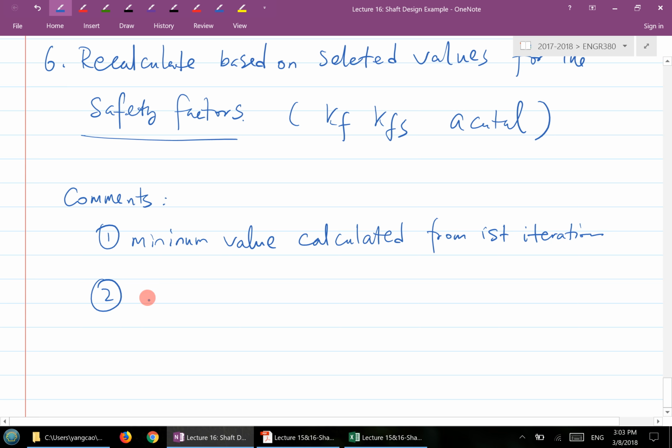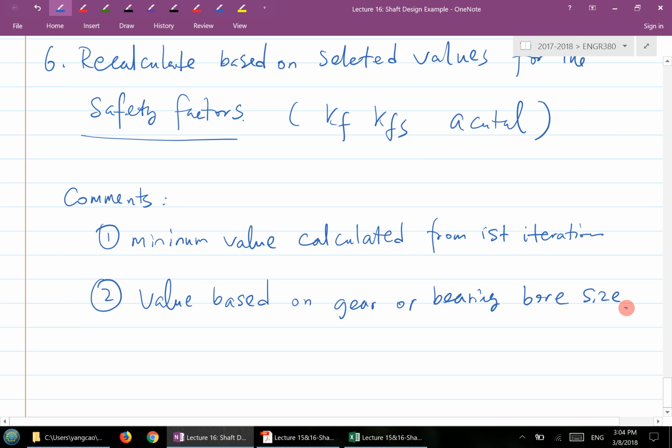And the shaft size is not just based on the theoretical minimum value. It should also be based on the gear or the bearing bore size.